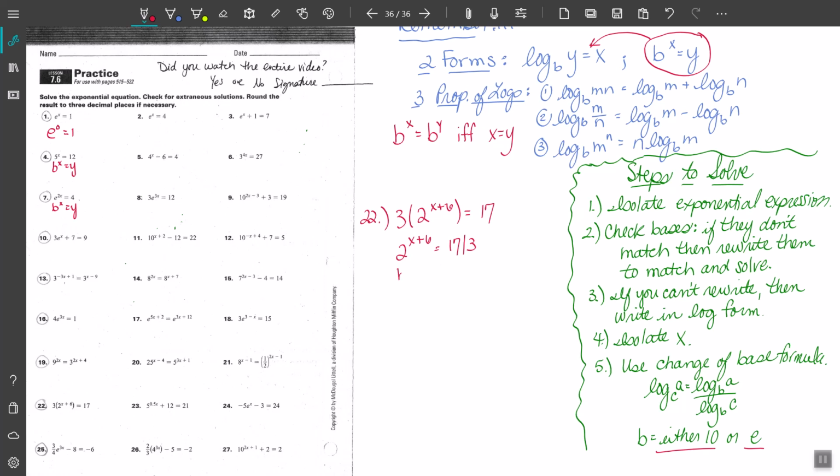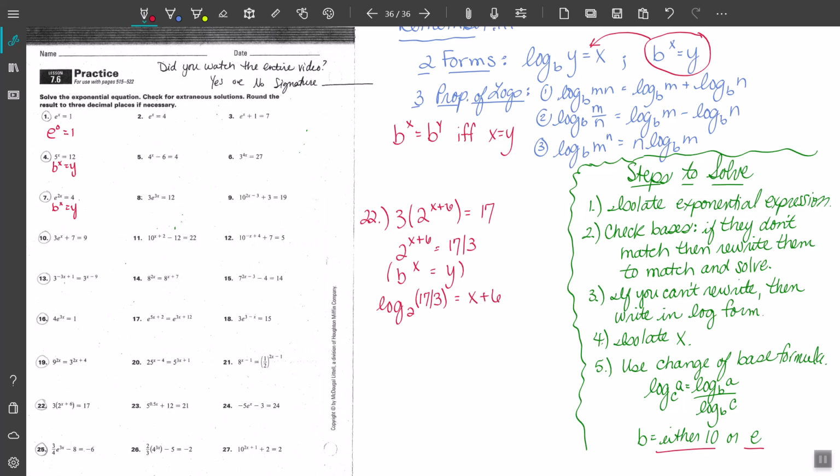All right, if you want to, put your b to the x, y underneath here to help you transition into the log form. This one's a little bit crazier because there's a lot going on in this problem, especially with that fraction.